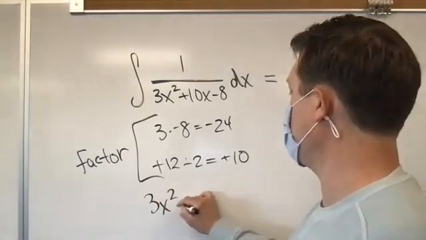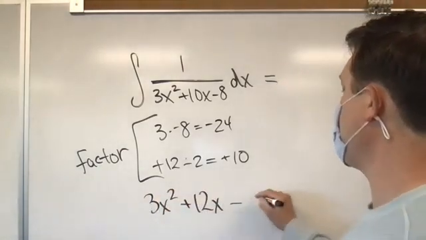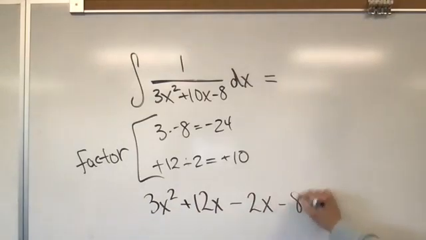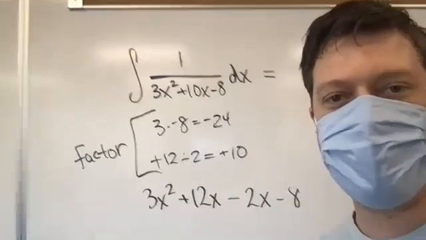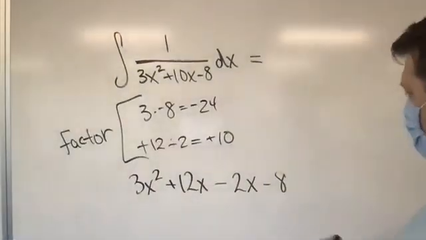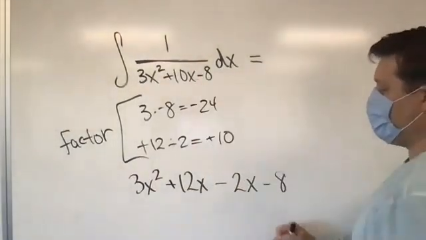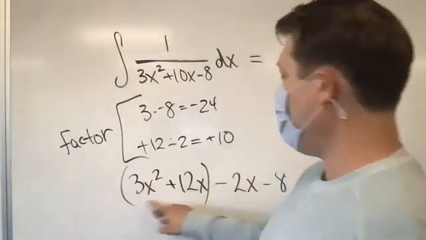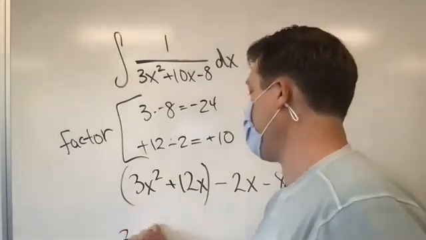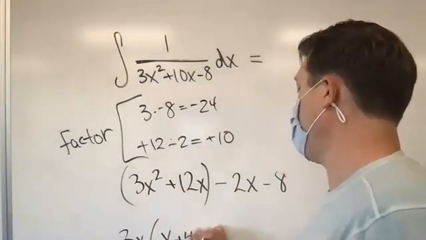So 3x squared plus 12x minus 2x minus 8. Right? If you haven't seen that before, I'm just riffing on what we teach our Algebra 1, Algebra 2 students. These two together combine to make 10. This is still structured like it is. So here we have a common factor of 3x, leaving x plus 4.